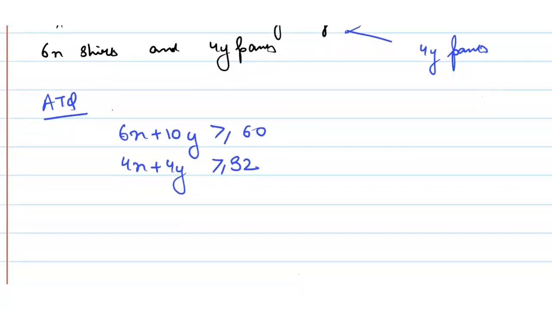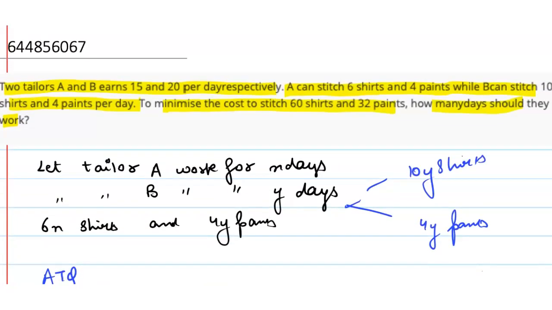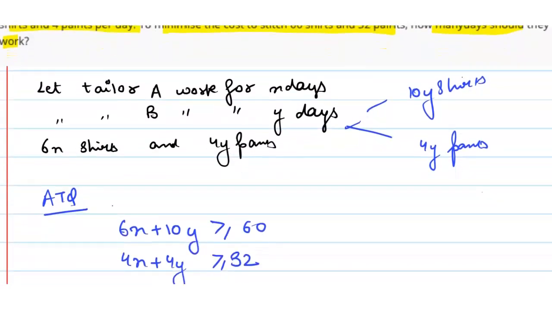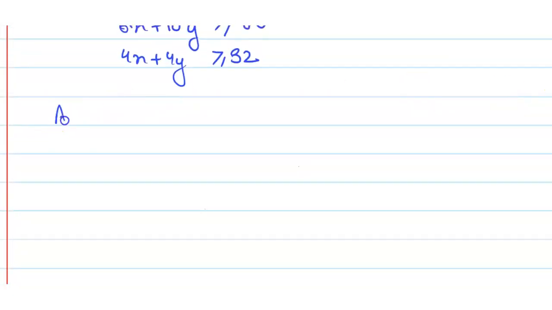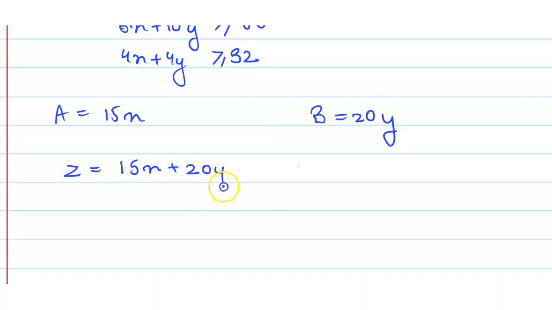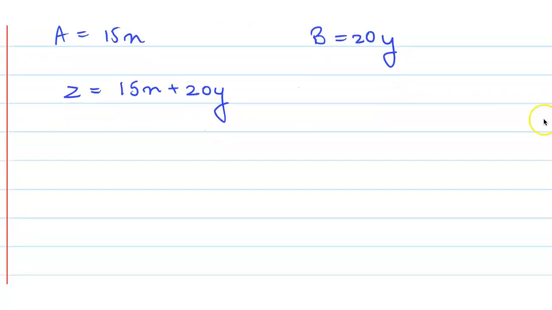Now further it is given that A and B earn rupees 15 and 20 per day respectively. So A earns rupees 15x, right, and B earns rupees 20y. So Z here will be equal to 15x plus 20y. As days cannot be negative, x and y will always be greater than or equal to 0.